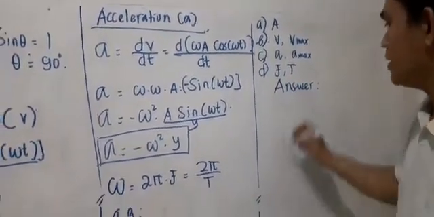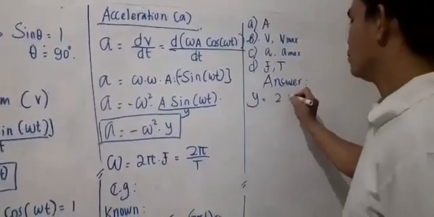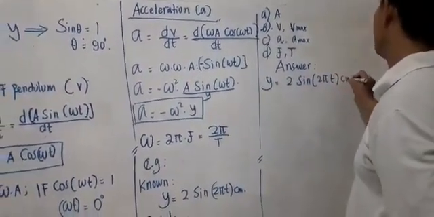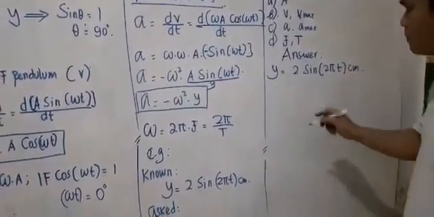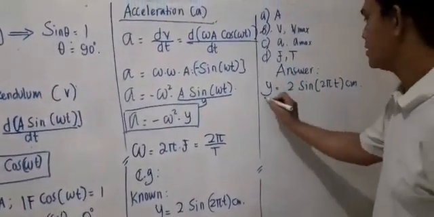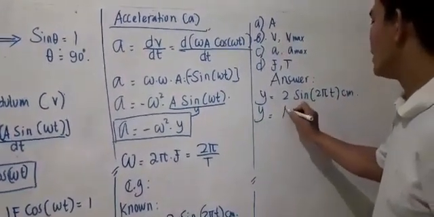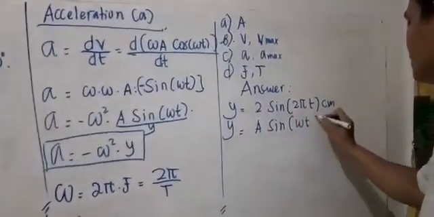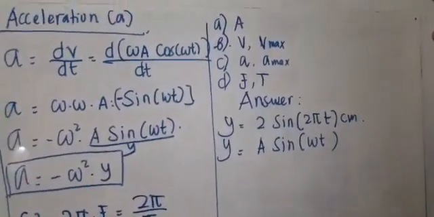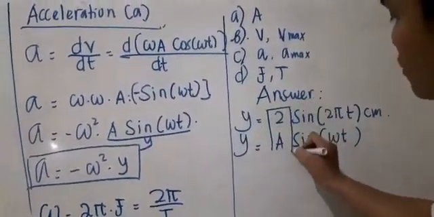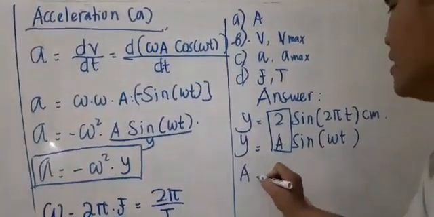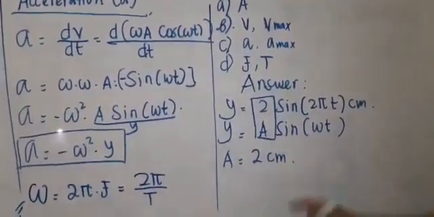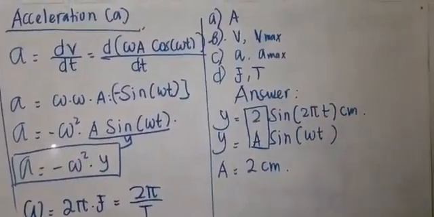Our equation is y = 2 sin 2 pi t in centimeters. We compare it with the first equation, y = A sin omega t. We can see that 2 is equal to A, so A is equal to 2 centimeters, because this is a length.